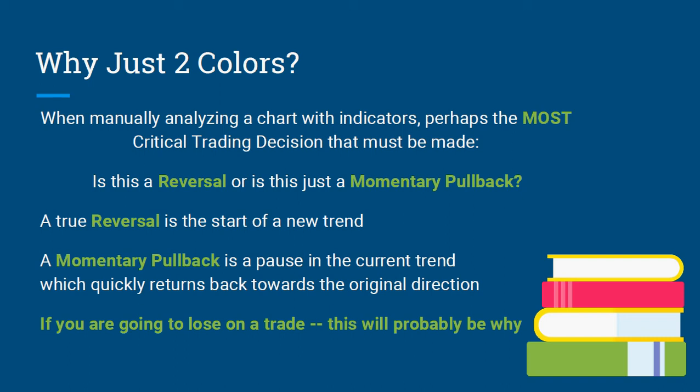It was going down, now it's going up. A momentary pullback, and this is where it becomes very difficult and indecision becomes very prominent, is a pause in the current trend, and then you'll see red, green, red, green, red, green. Then after this period where it turns flat and ugly, it goes back to the original direction.